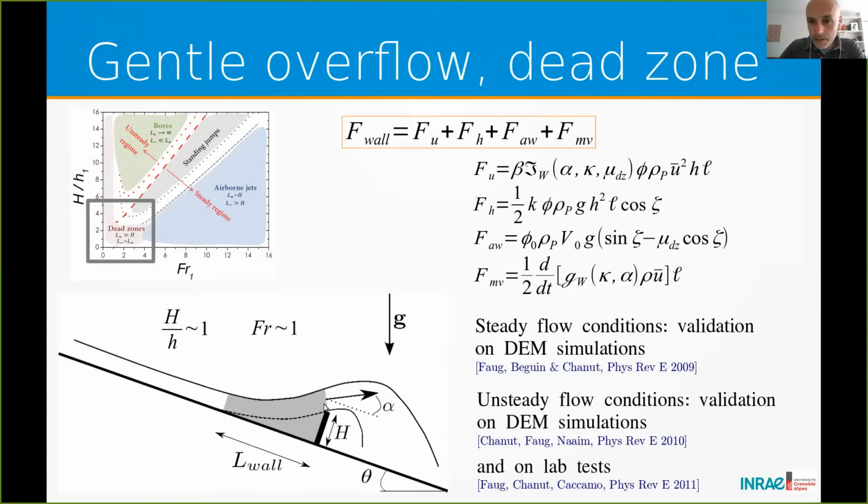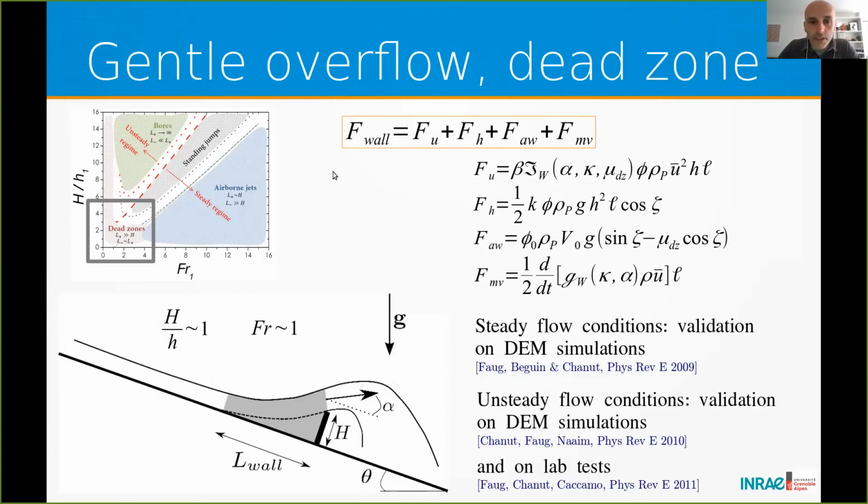A dead zone forming upstream of the wall and a jet downstream. And with this sketch in mind, I can define a control volume, which is in gray colored here, and I can apply mass and momentum conservation to this control volume.